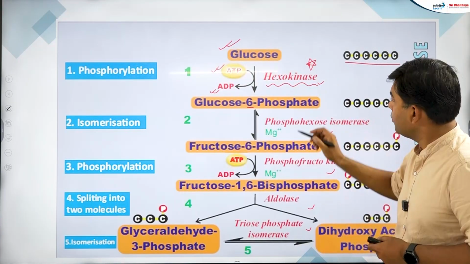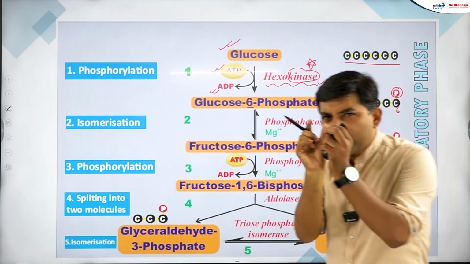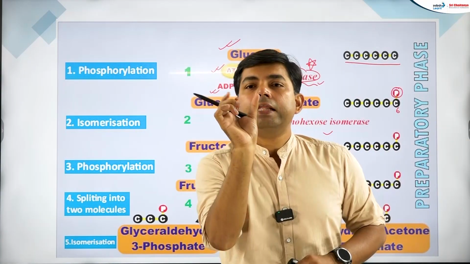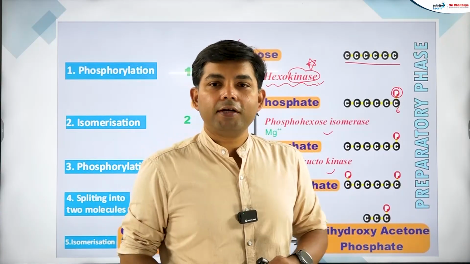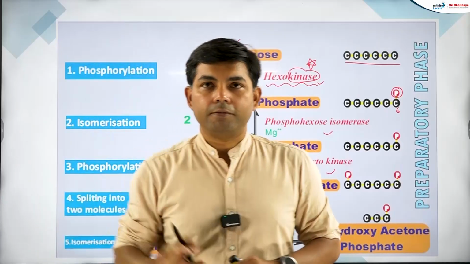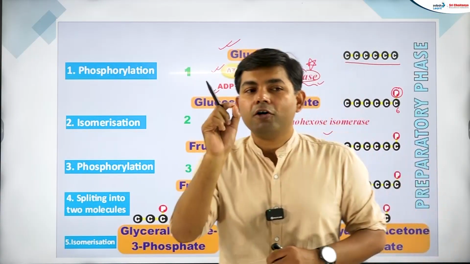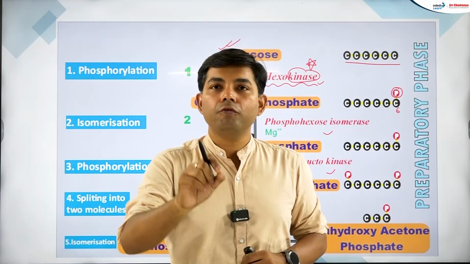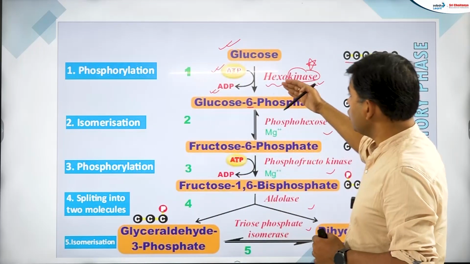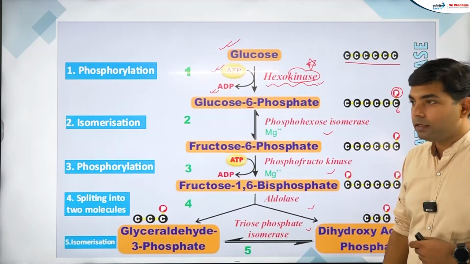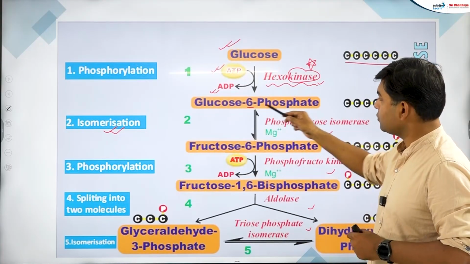Here one more thing, the term kinase. Whenever you see the term kinase in an enzyme, it means it is either adding phosphate or removing phosphate. In the other steps also, wherever phosphate is added or removed, it will be a kinase. Clear? Now moving on to the second step, the isomerization step, means glucose 6 phosphate.